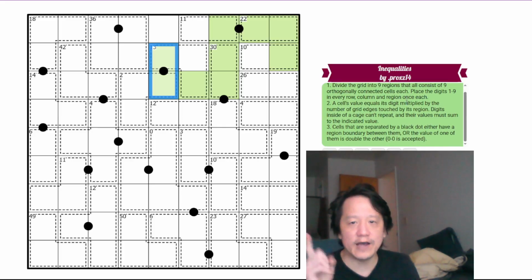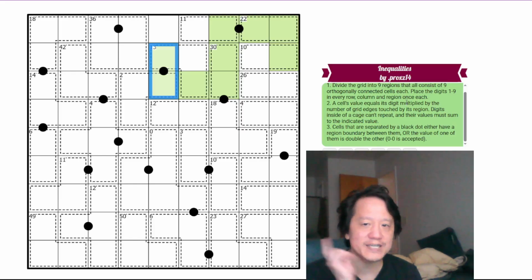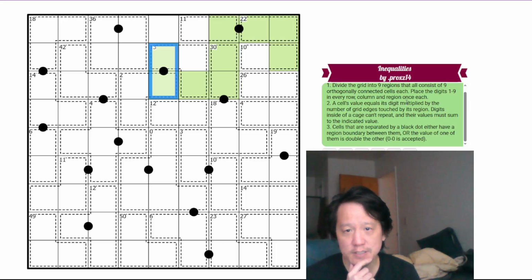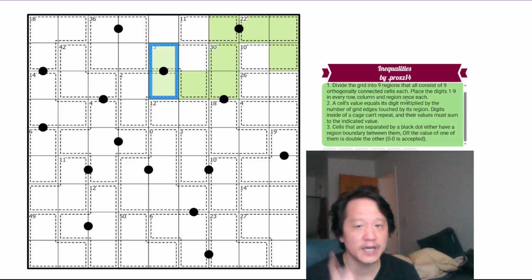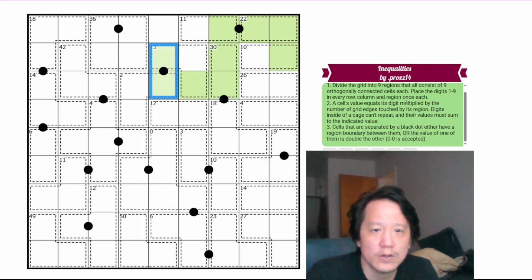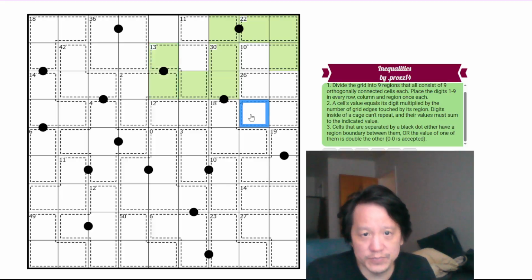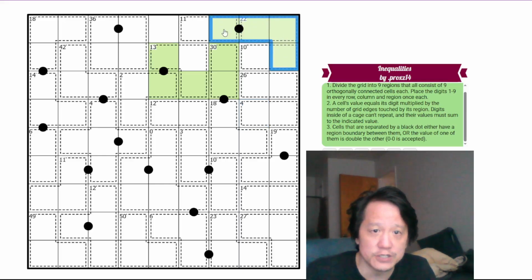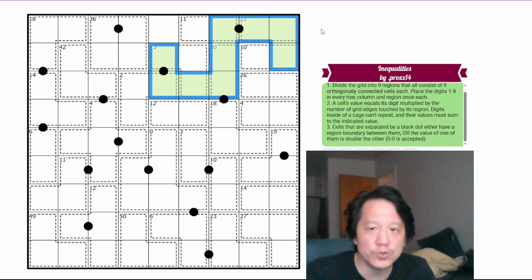A cell's value equals its digit multiplied by the number of grid edges touched by its region. And digits inside of a cage can't repeat, and their values must sum to the indicated value. For example, this region touches 2 of the grid edges.